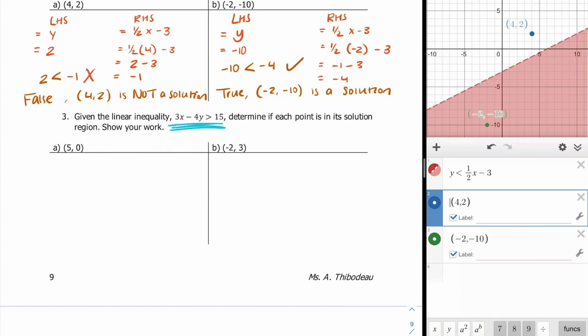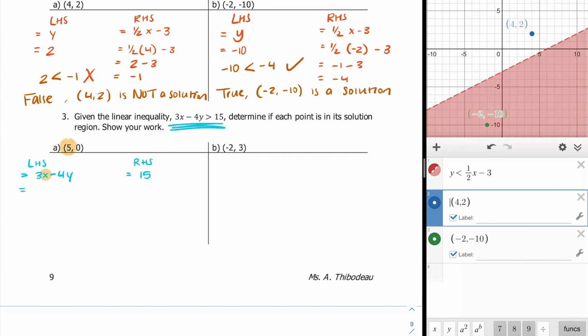We are doing things just as we always have, except this time we have a new linear inequality and some new points to go along with it. Here we have my left-hand side and my right-hand side. My left-hand side is 3x minus 4y, and my right-hand side is just straight up 15.